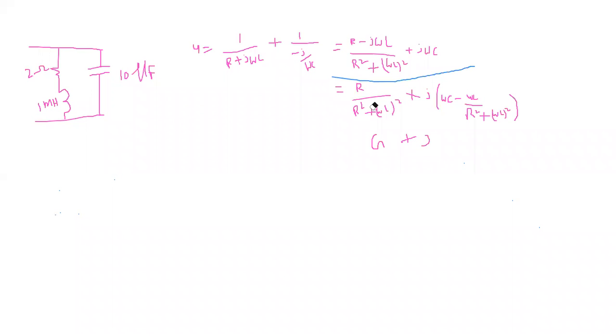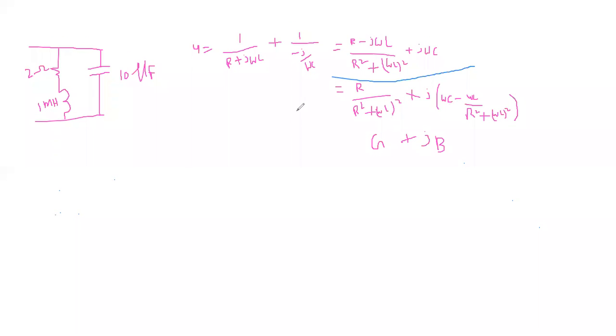Separate the real term and imaginary part, right? Yes sir. Real part R by R square plus omega L square. అప్పుడు ఏమవుతుంది? Minus j omega L divided by R square plus omega L square plus j omega C. Both the terms j is the common. J common తీస్తే omega C minus omega L by R square plus omega L square. This is in the form of G plus jB form.